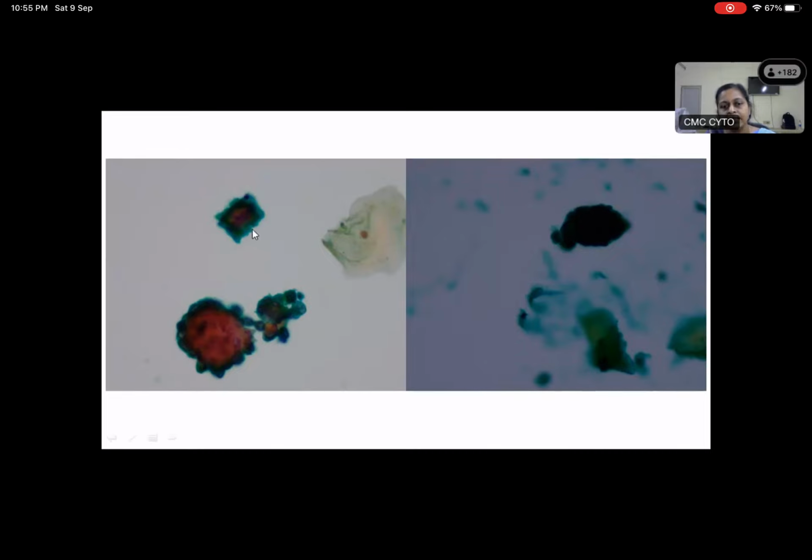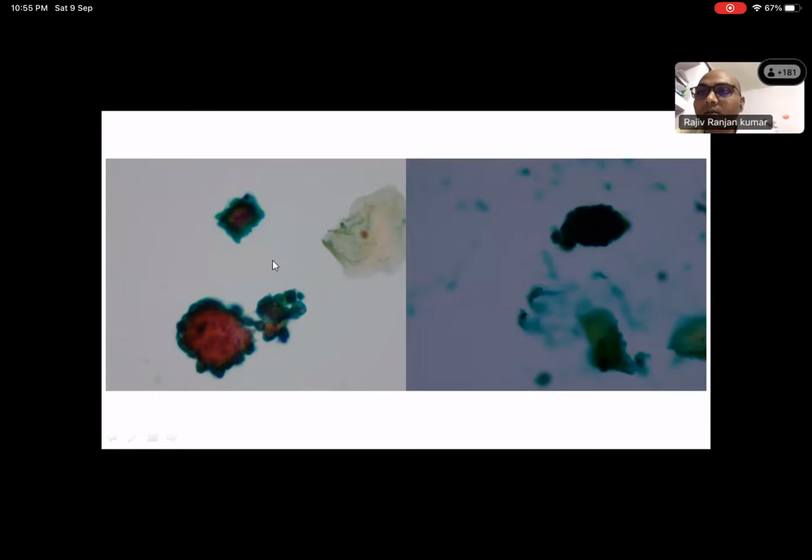What are these cells, Rajiv? These are also endometrial cell clusters. Are these endometrial cells? Think. Don't they look a bit different? Yes, ma'am, slightly. They are tall columnar cells, aren't they? You can't really make out very well, but there seems to be some mucin here and the nuclei are at the bottom.